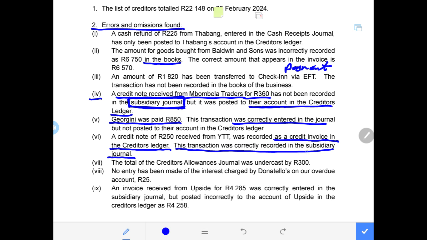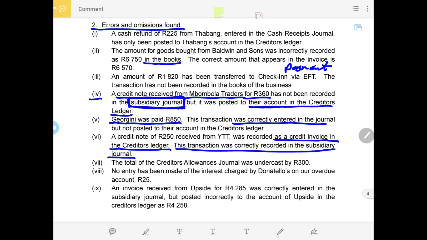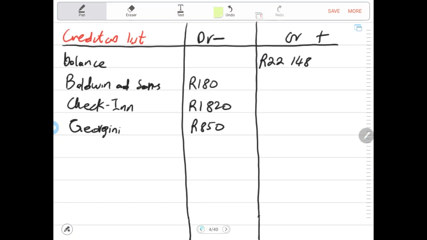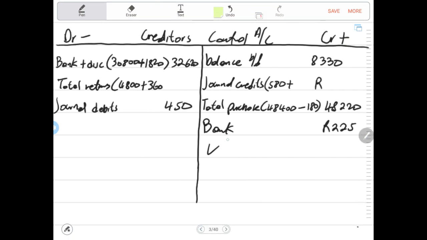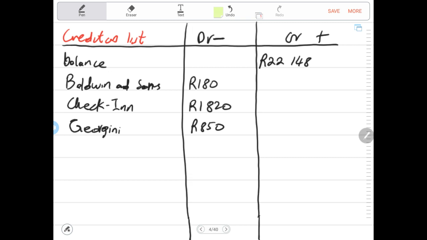In terms of the subsidiary journal, it was all sorted. If the subsidiary journal is correct, that means the creditors control ledger account was recorded correctly. So we are not going to touch our creditors control ledger account. So this one was correct. We are only recording in the creditors ledger, which affects our list of creditors.